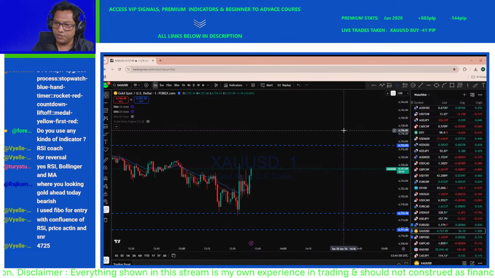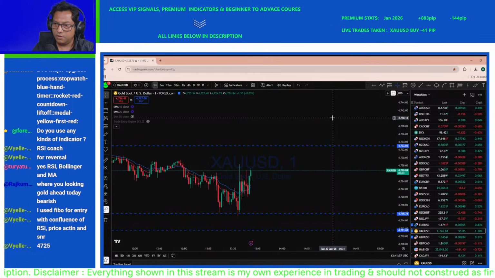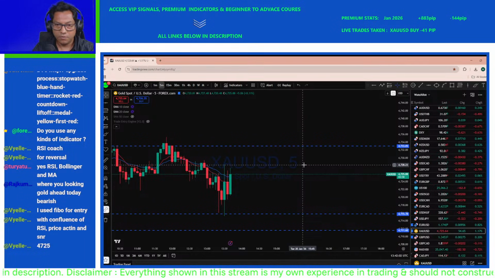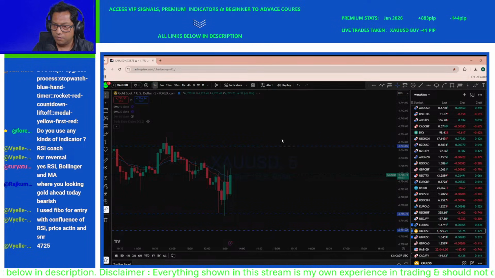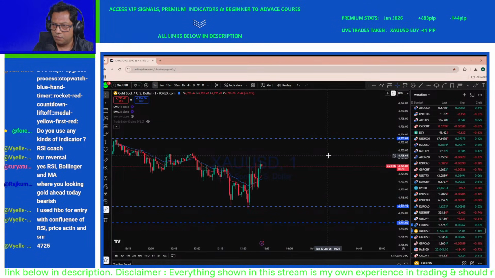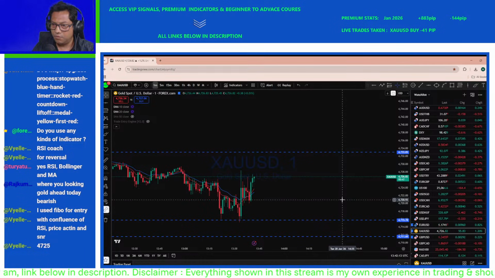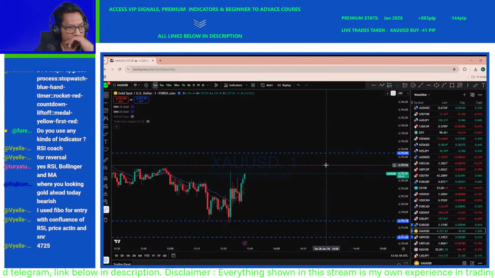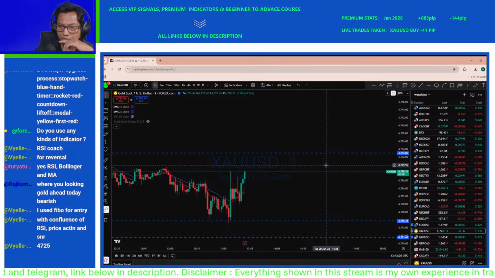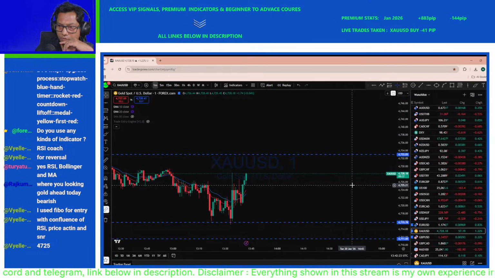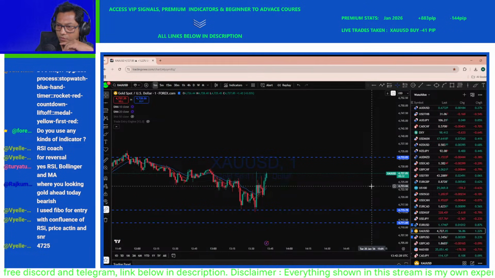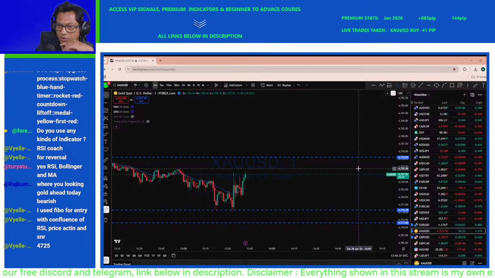We might see a breakout here. There's liquidity in that area.